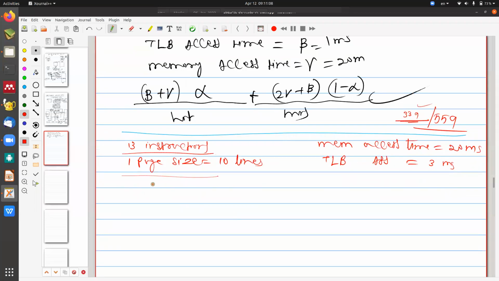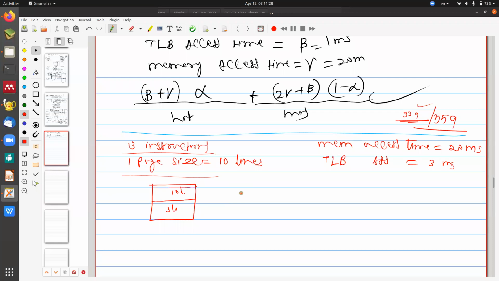Okay, so what happens now? If you look carefully, how many pages are required here? 2 pages. So this has 10 lines and this has 3 lines. When the first line of this page is fetched, is it present in the TLB?